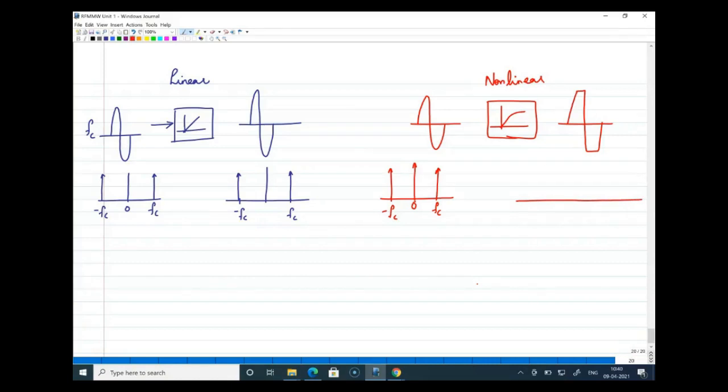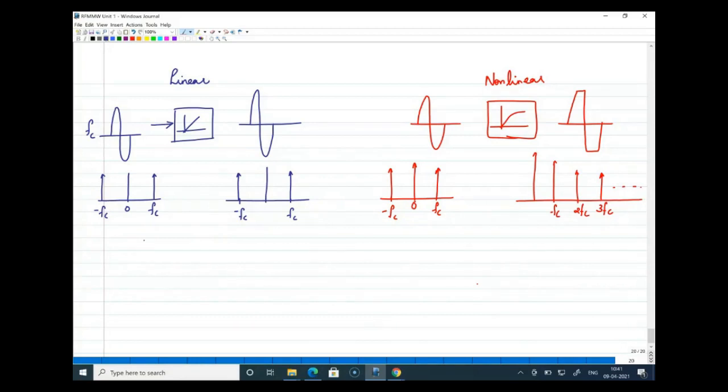From our previous discussion, if I write the spectrum, you will definitely have the frequency component at fc. Apart from that, you will have components at 2fc, you may have 3fc, and so on. And even apart from harmonics, you will get other components also. So non-linearity can result in waveform distortion, and that can give you additional frequency terms at the output of any system.